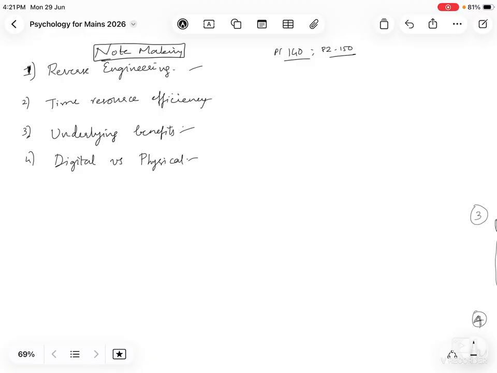So the broader strategy of note making: I'm not going to share any particular one-fits-all approach, and I'm going to walk you through how you go about figuring out the method of your own note making.